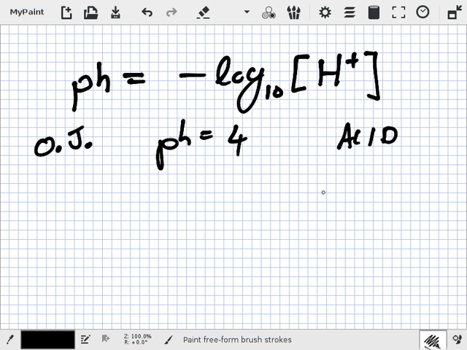If the pH is 4, you should be able to work out the concentration. So try that for a minute. Find the H plus concentration. So that's part 1.